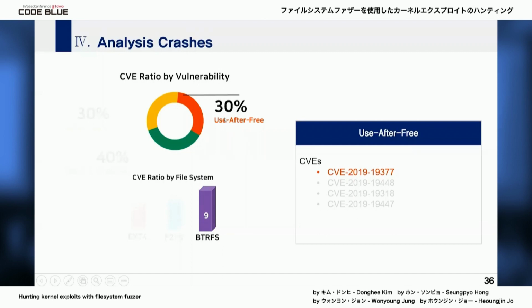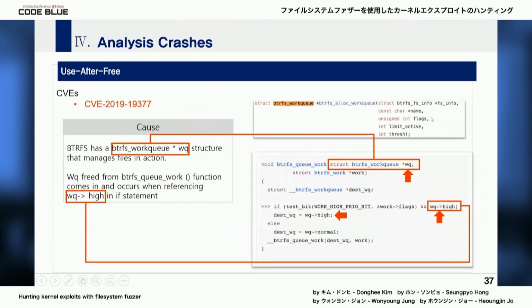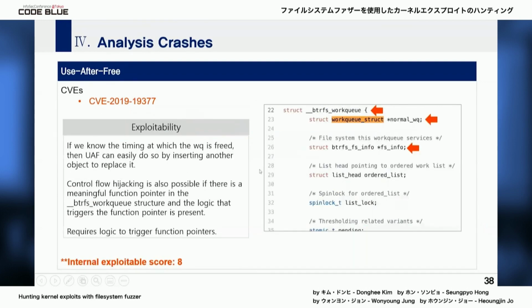Next is the UAF vulnerability. This is a vulnerability caused by Btrfs's queue_work function. A freed work queue structure comes into the function, and the vulnerability occurs when referring to the work queue. If you know the free timing, then you can easily exploit it by pushing another object.